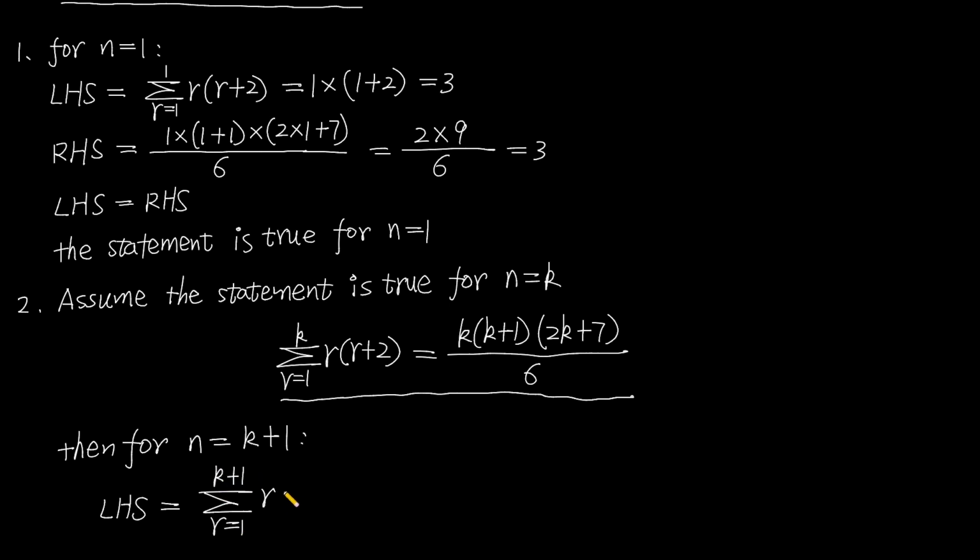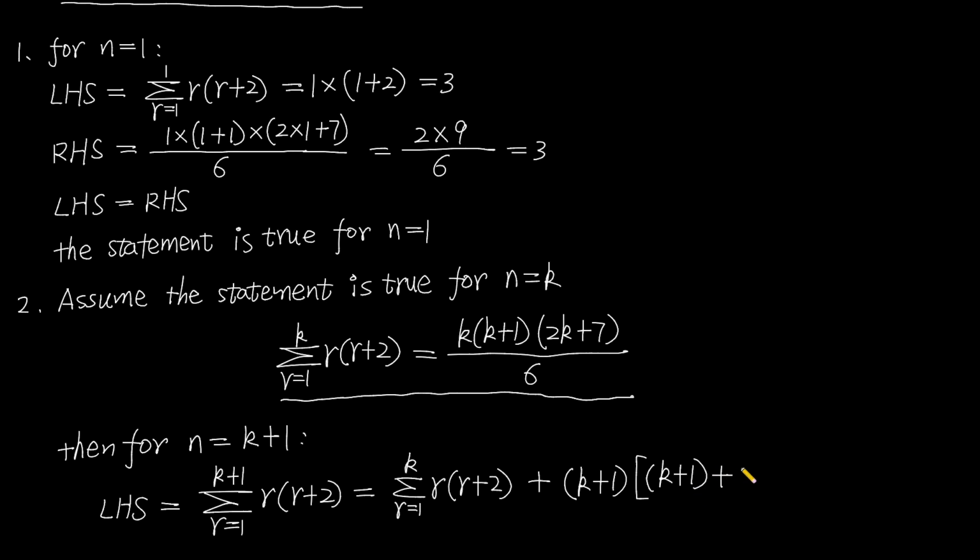So this equals the sum from r equals 1 to k of r(r + 2) plus the term for r equals k plus 1, which is (k + 1)(k + 1 + 2).